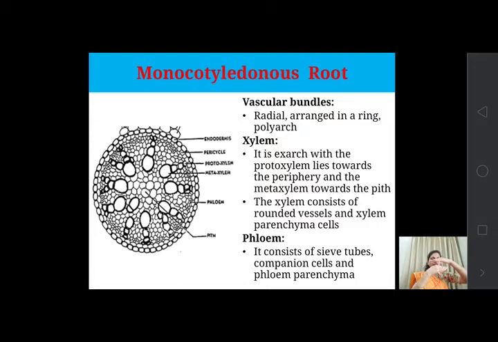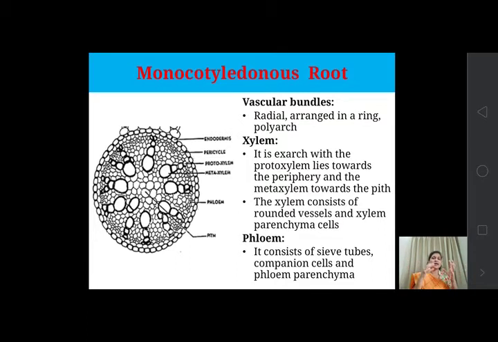They are not present on the same radius, one above the other, but they are placed side by side. So the xylem has its own radius and the phloem has its own radius. That means they are placed on different radii. So the vascular bundles are radial, arranged in a ring, and polyarch.